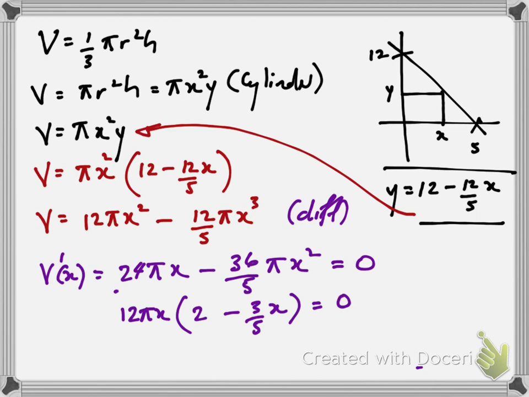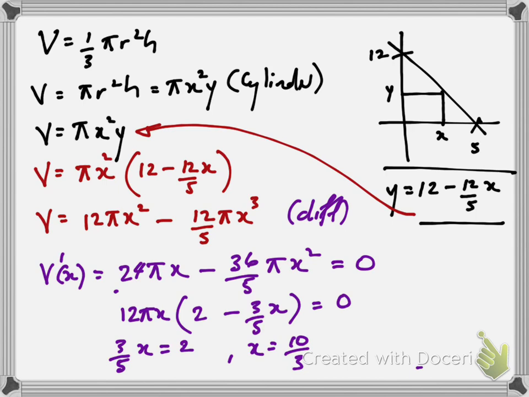So you end up with 3 over 5x equals 2, so that'll be 10 divided by 3. So x equals 10 over 3.